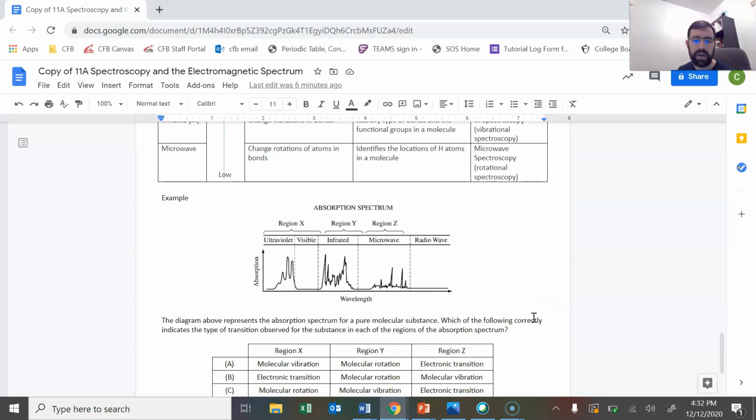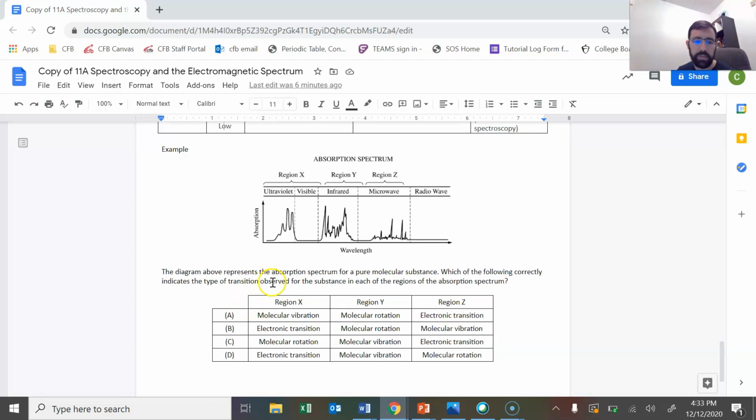Let's look at an example right here. We've got a diagram above that represents the absorption spectrum for a pure molecular substance. And we want to know which of the following correctly indicates the type of transitions observed for the substance in each of the regions on the absorption spectrum.